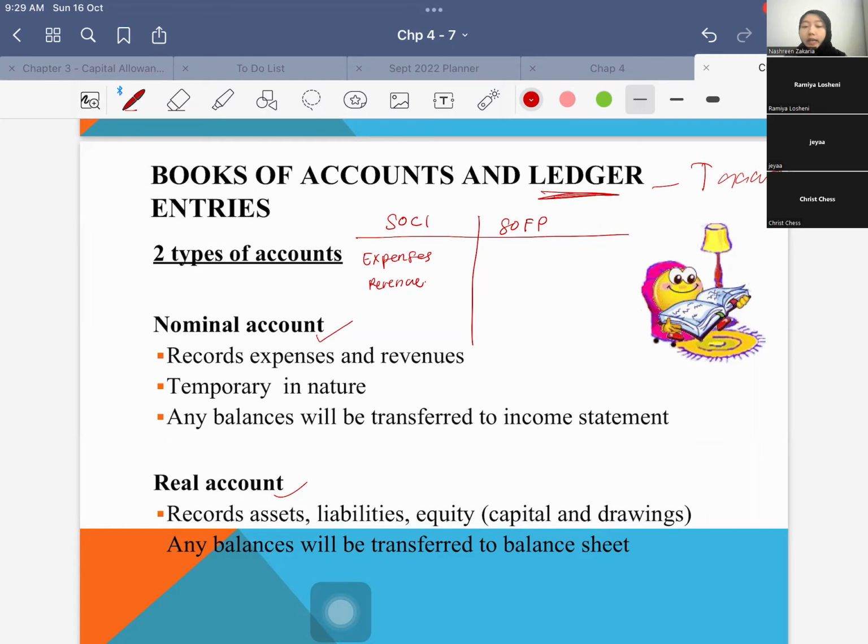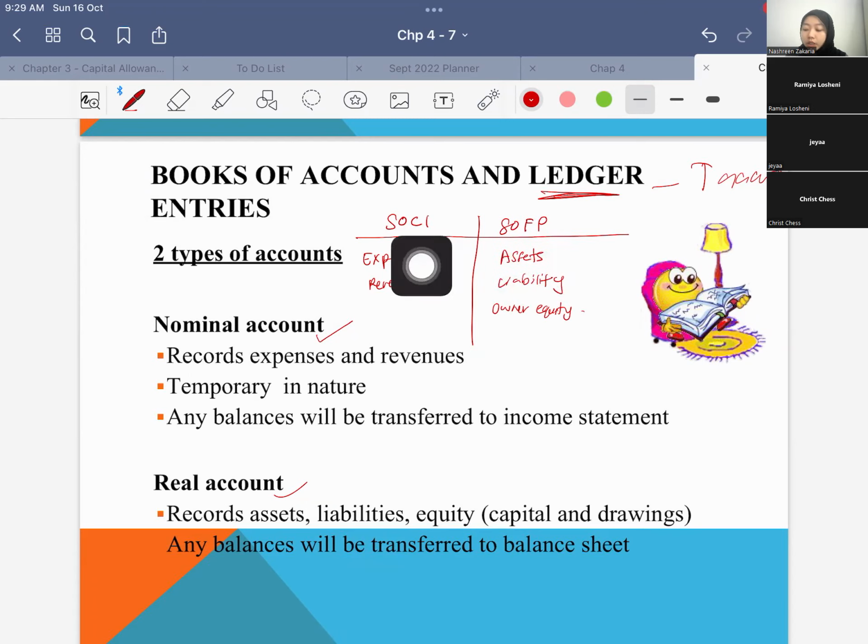SOFP, what will be recorded in the statement of financial position is only the assets, liability, and owners' equity. Meaning capital, motor vehicle, a car, loan, all will be recorded under the statement of financial position.